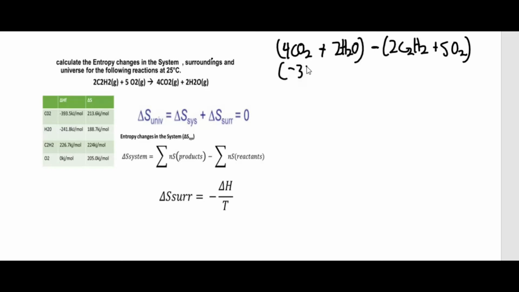So, negative 393.5, plus, oh, don't forget to multiply the coefficient. This is 4 right here. Let's erase it so it would be a lot clearer.